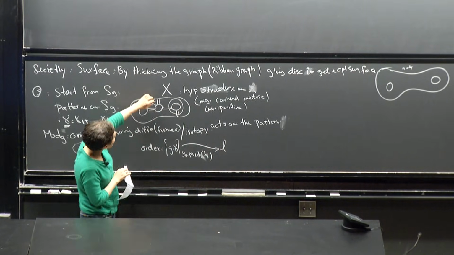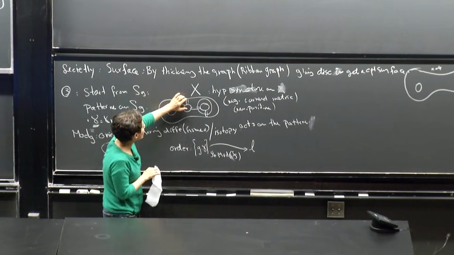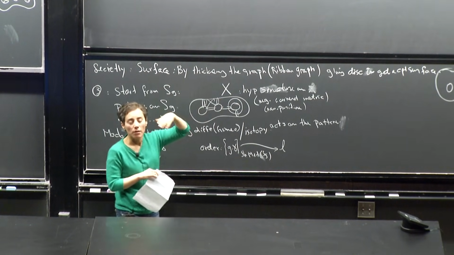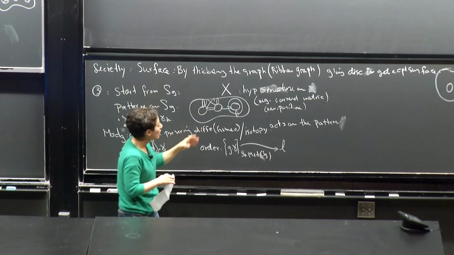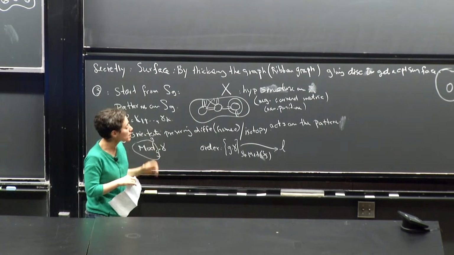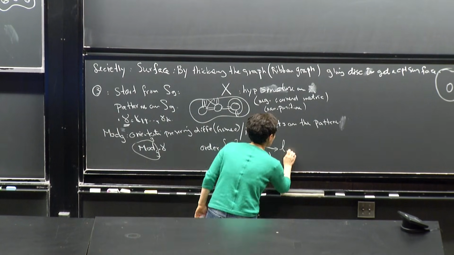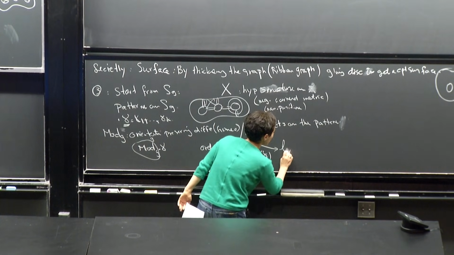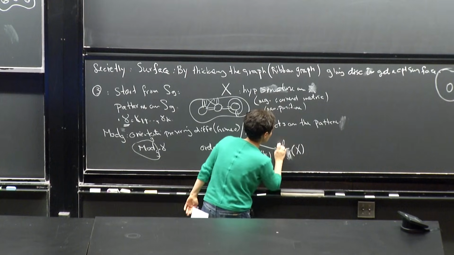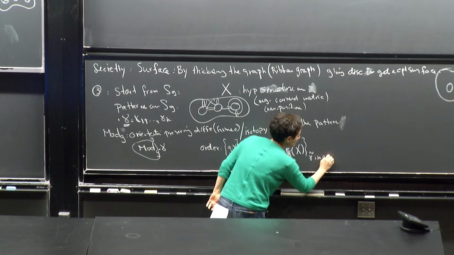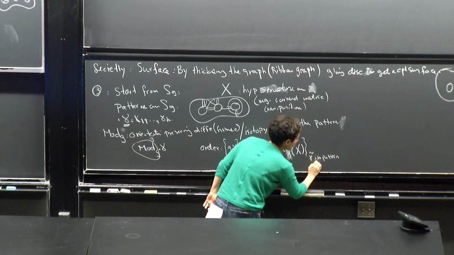Because if you have negative curvature, every closed curve has a representative which has the minimum possible length, and that's the length of that curve. That's a unique geodesic representing that, and then you write this as L gamma tilde of X, where gamma tilde is a pattern of type gamma.